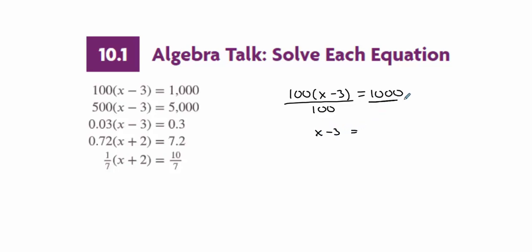And I have to do the same thing to this side. 1,000 divided by 100 is 10. And now here, if I want to get x by itself, I have x minus 3, so I would add 3 to both sides. And I end up with x is equal to 13.